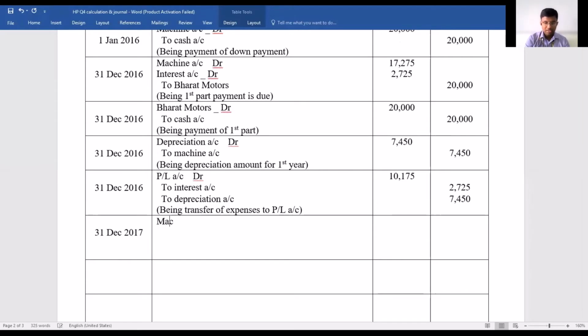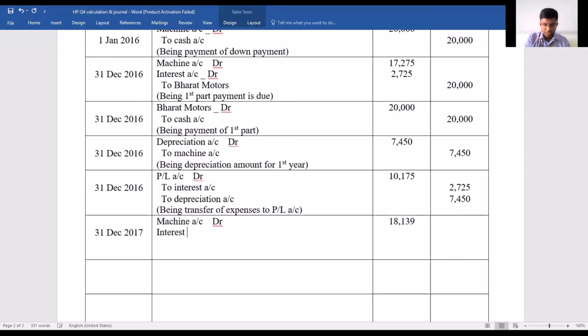Again, here the very first entry would be that the part payment is due. Machine account debited, and in this part payment amount, the proportion of the machine is 18,139.